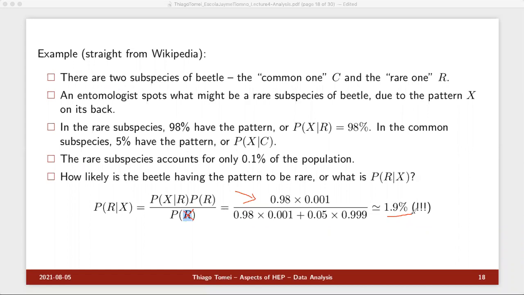And this is completely counterintuitive, right? And these kinds of misunderstandings, where common sense goes against what's actually true, are at the base of many, many problems.